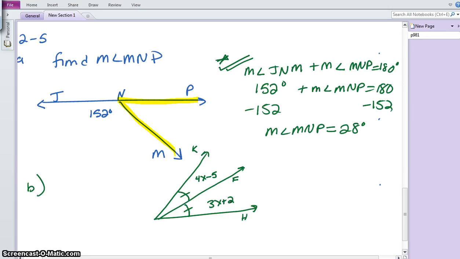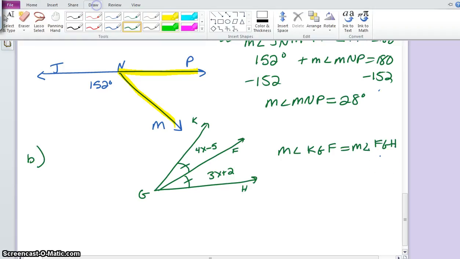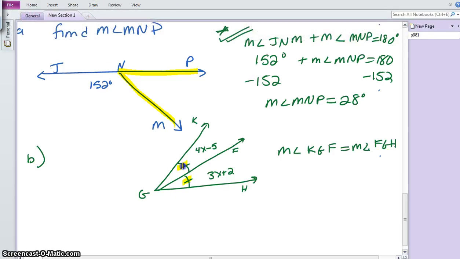And I don't know what the measure of angle KGH is. What I do know is that the measure of angle KGF equals the measure of angle FGH, and I know that based on the diagram. They're marked with congruence marks right here.